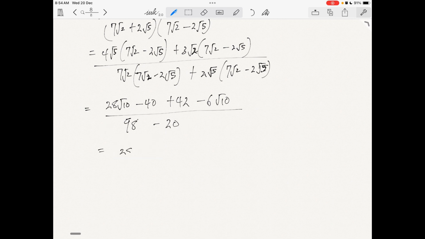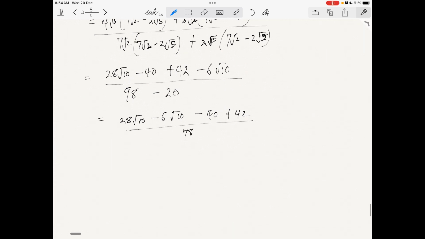We have 28 root 10 minus 6 root 10 minus 40 plus 42, everything divided by 78. 28 minus 6 will be 22. So that's 22 root 10 minus 40 plus 42, which gives us plus 2, divided by 78.